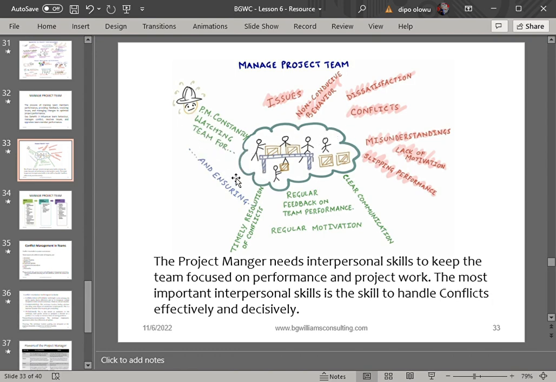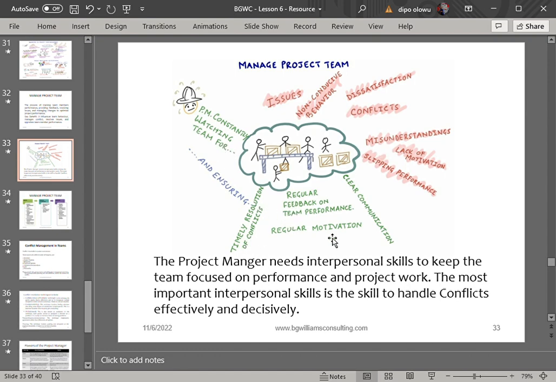The project manager must constantly keep watch on the team by ensuring, number one, that there is timely resolution of any conflict, because we can't take it away. Plus or minus, in a team there is a possibility of having conflict, so you must make sure there is timely resolution of those conflicts.